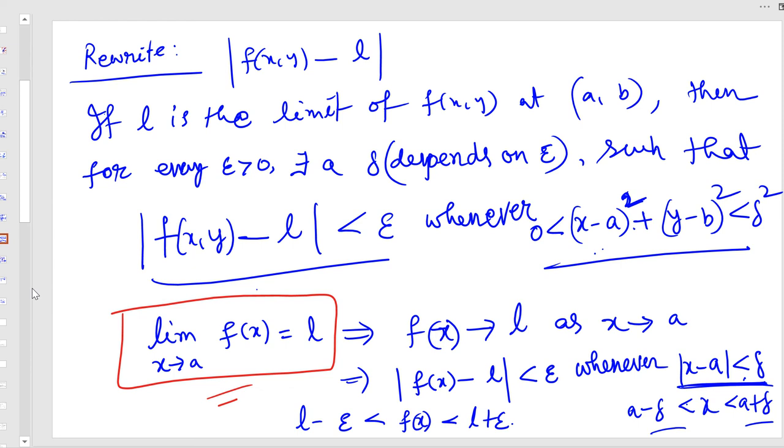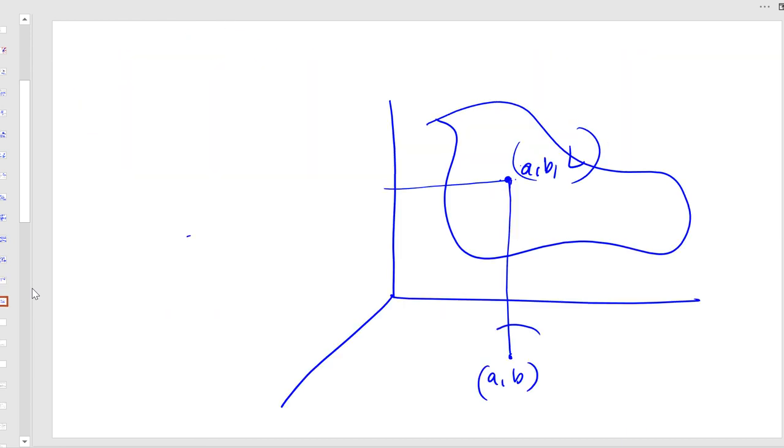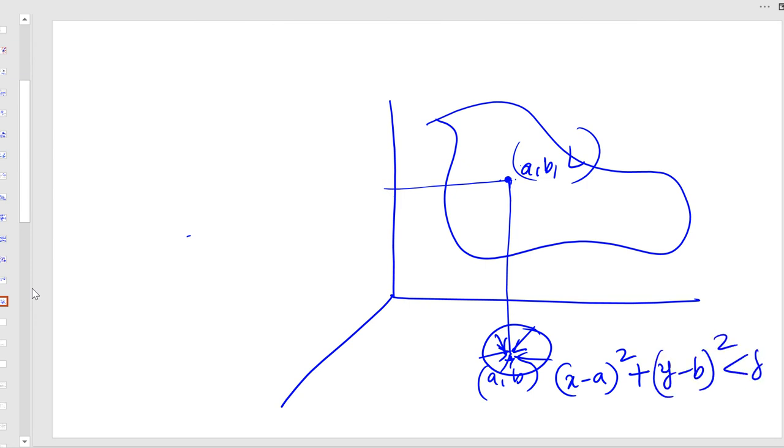So if you consider all the directions, we have to mention that (x - a)^2 + (y - b)^2 < delta^2.